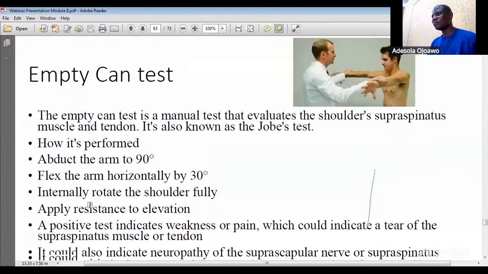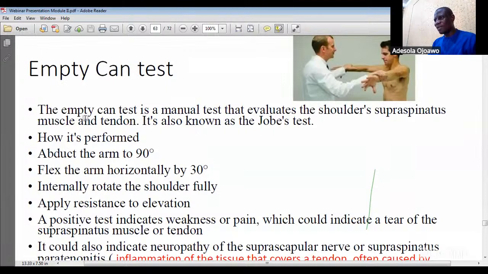Yes, we are familiar with this as well. We call this one the empty can test. You tell the patient to act as if throwing away something from a can. The patient tries to resist the movement as you press against lifting it up.